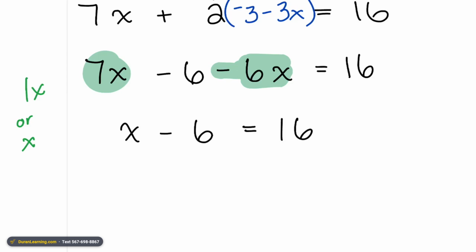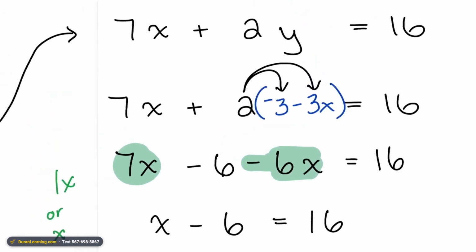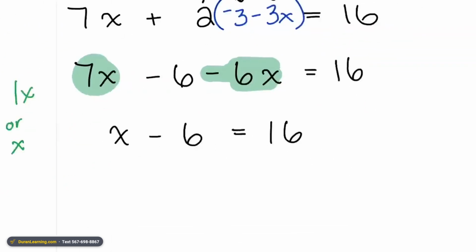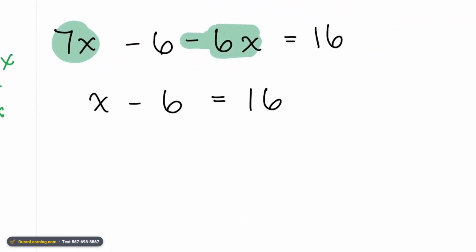Everybody help me out. Is this a much easier situation than what we were dealing with in the beginning? Oh gosh, is this much easier to deal with than before? Yeah, clearly. But don't let your guard down, because when we solve this, we're going to add 6 to both sides here and there.